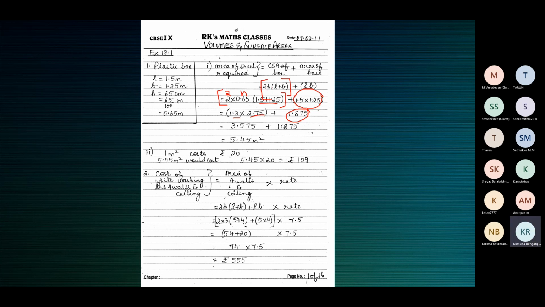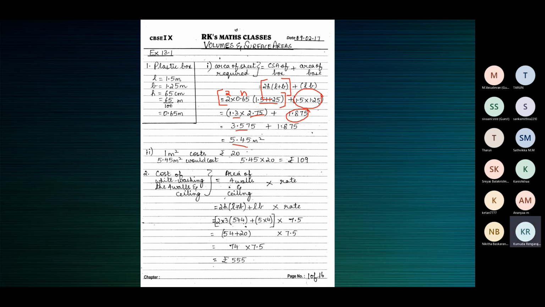So 1.3 into 2.75 is 3.575, plus this product of LB, 1.875, which is 5.45 meters squared.